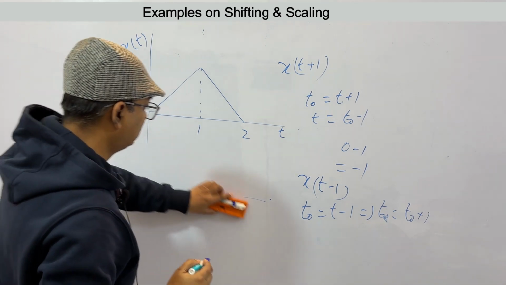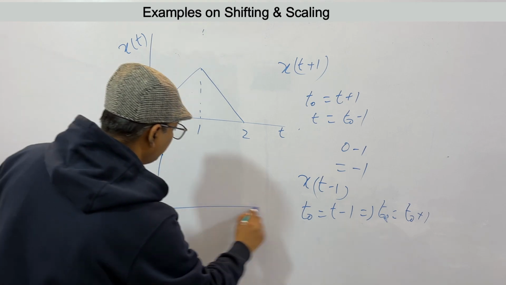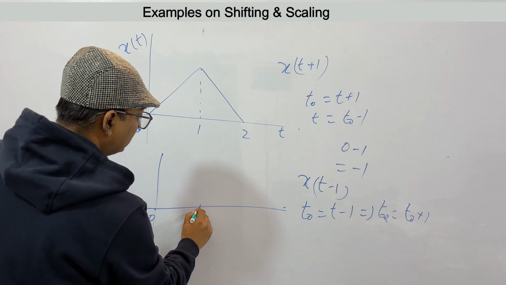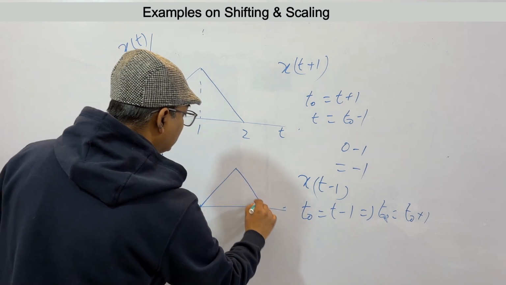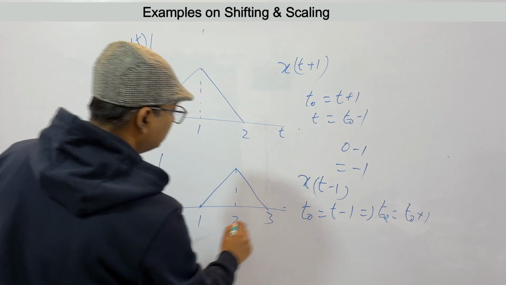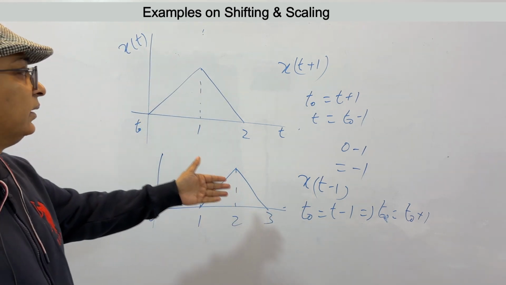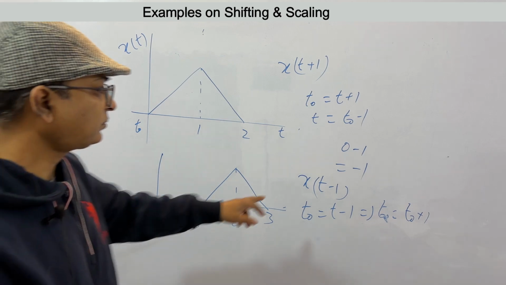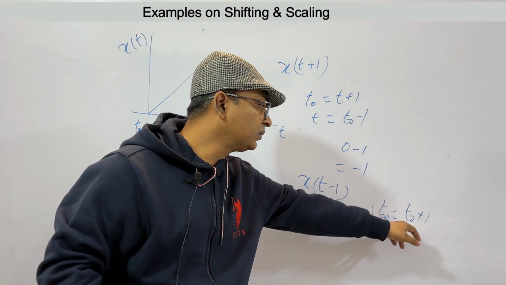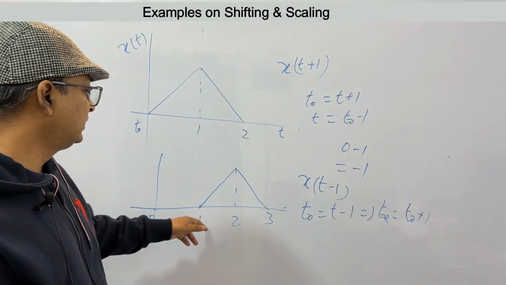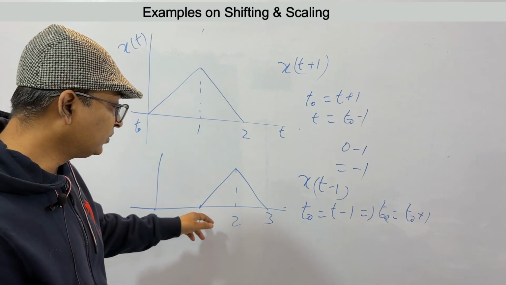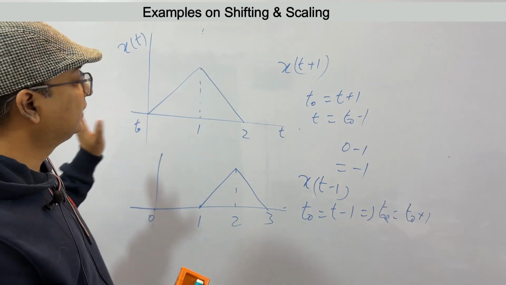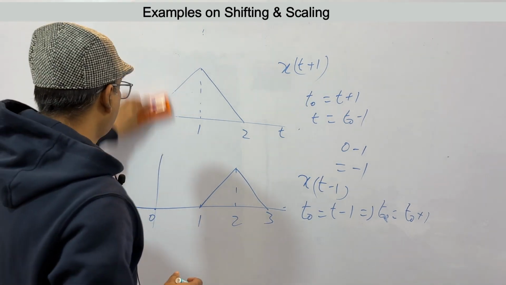So this new curve will be like this. 0 to 1, nothing, and then from 1, this wave will start. 1, 2, 3. Okay. This is xt minus 1, this is xt plus 1. Clear? You can do this also t0 plus 1. So 0 plus 1, 1. So new origin is at 1. Sorry, new start of the wave is at 1, which was at 0 here. Clear?